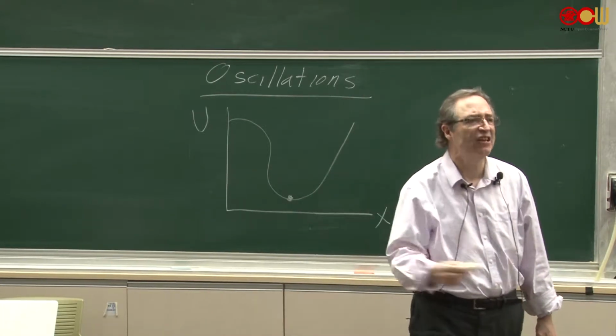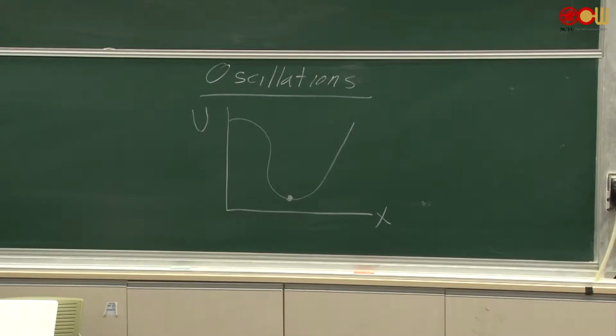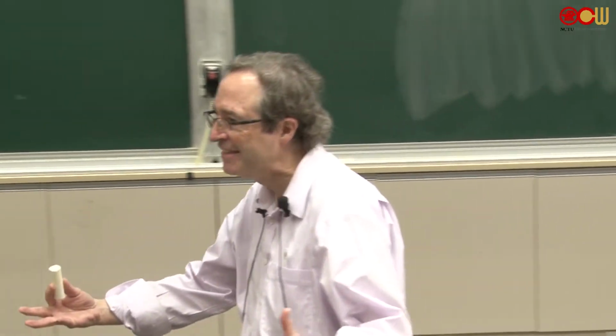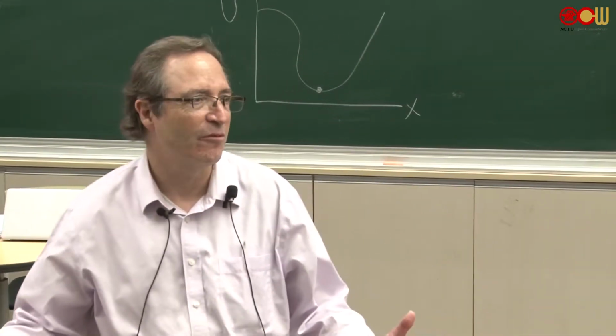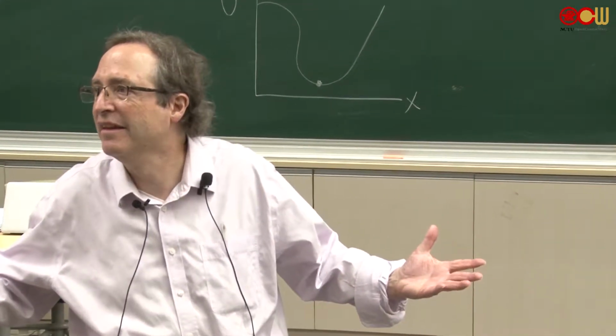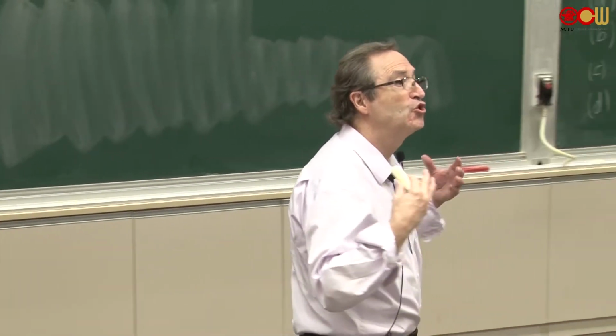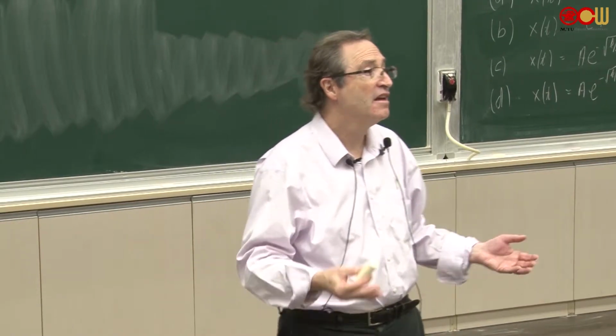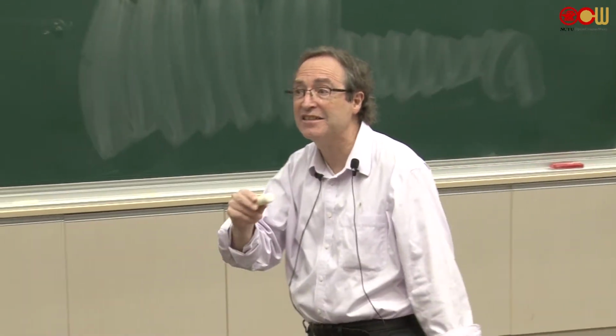It'll be sitting at equilibrium. So for example, all your books, everything, your bodies are sitting at equilibrium right now, right? You're not moving around. I can perturb that equilibrium, and what will happen is the system will oscillate.